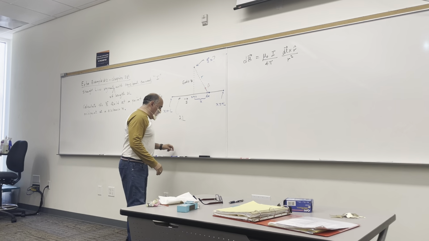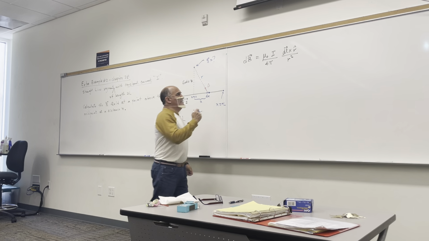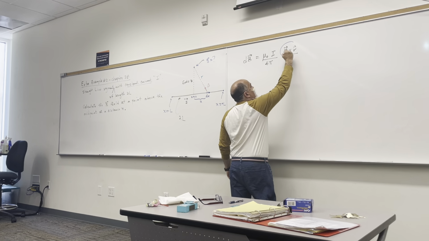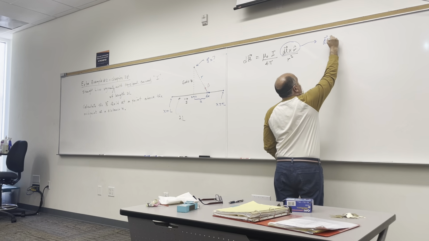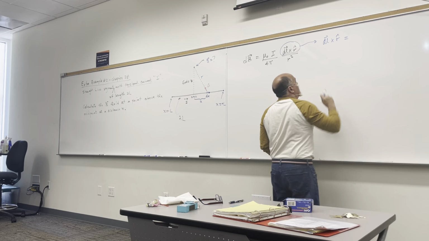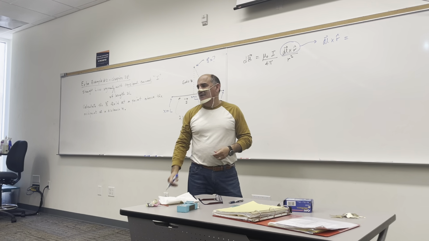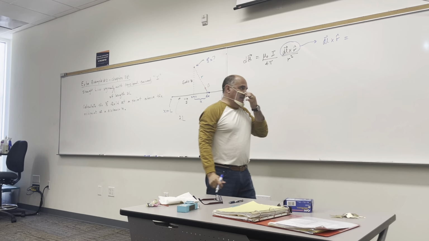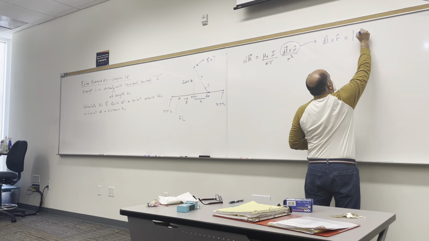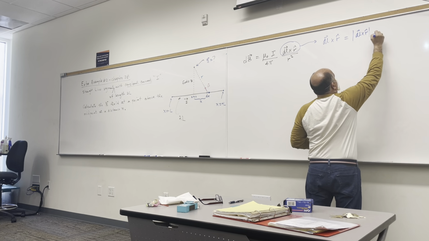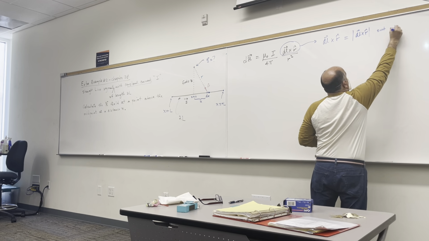Okay? So, let me work on this here. What is this? So, dl cross r hat, it's a vector that points, let me break it down like this. I'm going to say that this is the magnitude of that vector, dl cross r hat, and it points out of the board.